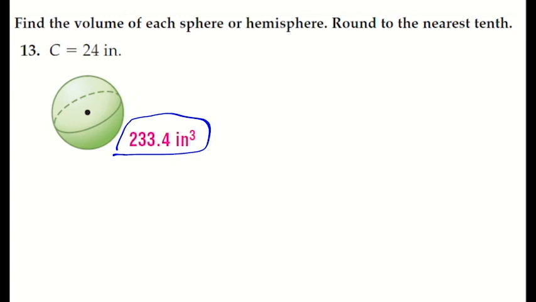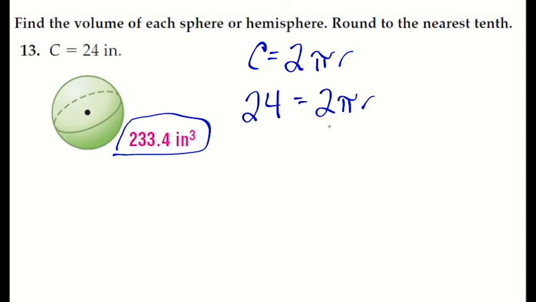Being that they gave you the circumference of the great circle, we know that circumference is equal to 2 pi r. So if we plug in the 24 for our circumference, we are able to solve for r, find out the radius of our sphere, and then calculate the volume of that sphere. So we would divide both sides by 2 pi.